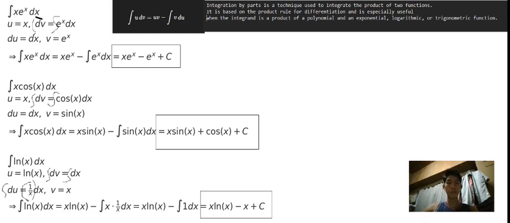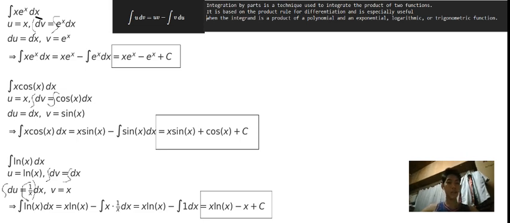We substitute u as x, v as e to the power of x, and du is equal to dx. And last, we solve it: x e to the power of x minus the integral of e to the power of x dx, where we integrate e to the power of x, giving x e to the power of x minus e to the power of x plus c.